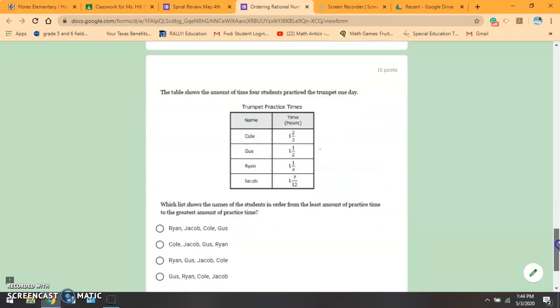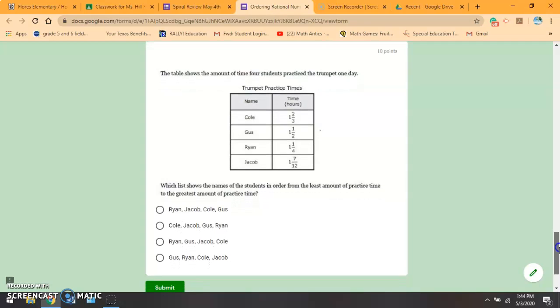Now your last problem: the table shows the amount of time 4 students practice the trumpet one day. Which list shows the students in order from the least amount of practice time to the greatest amount of practice time? So all you have to do is convert those fractions.